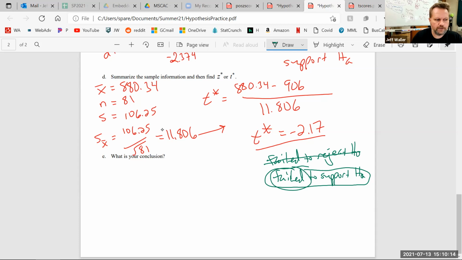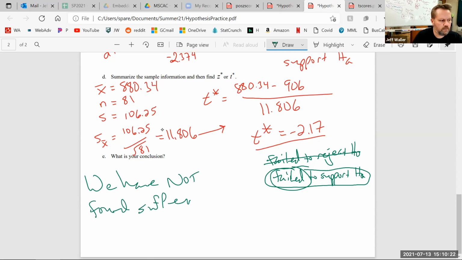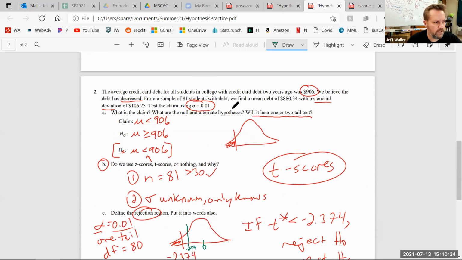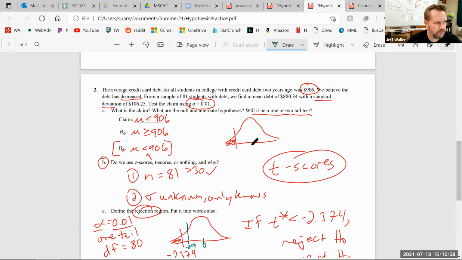So failed. We have not found sufficient evidence to support the claim that the debt for all students in college has decreased.